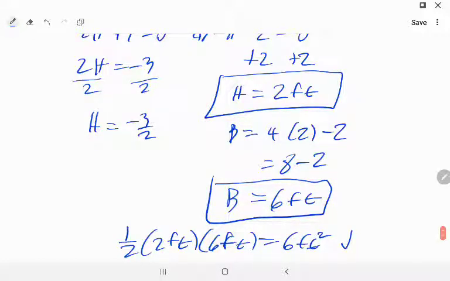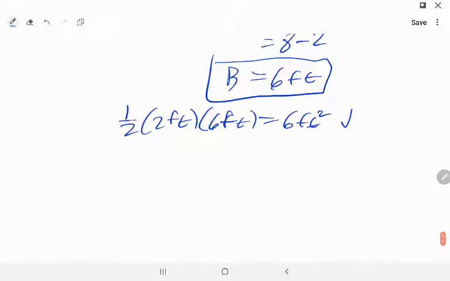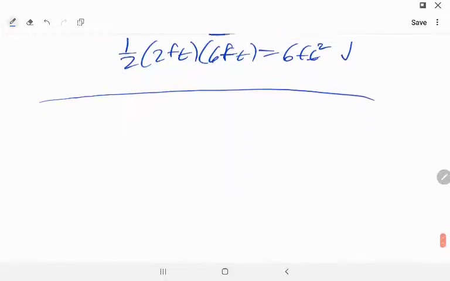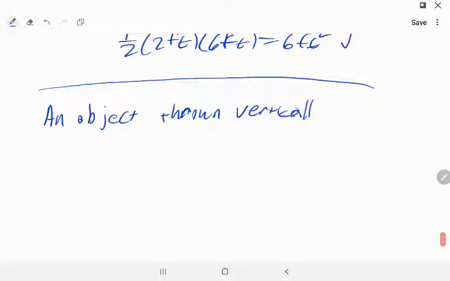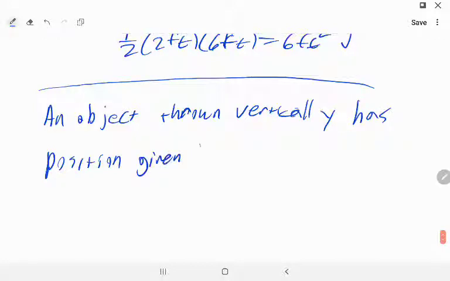So one classic is actually equations of motion. We notice that an object thrown into the air has position given by h.